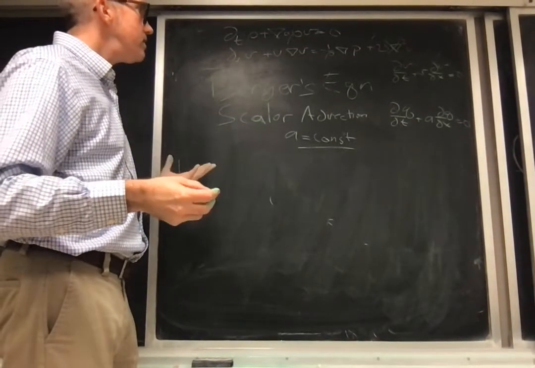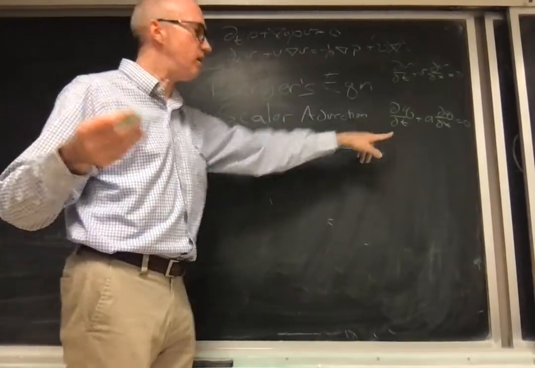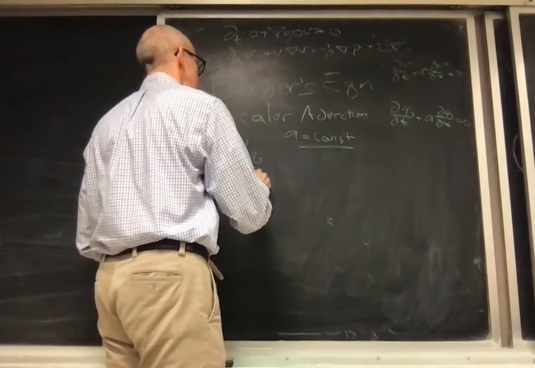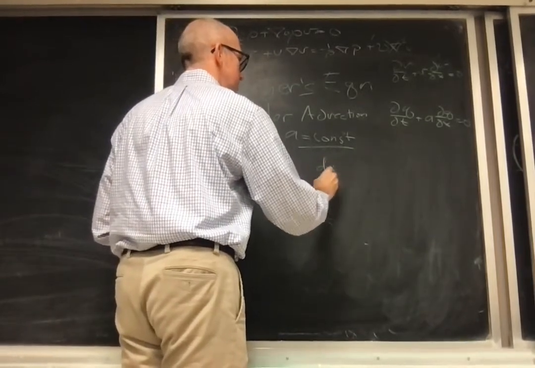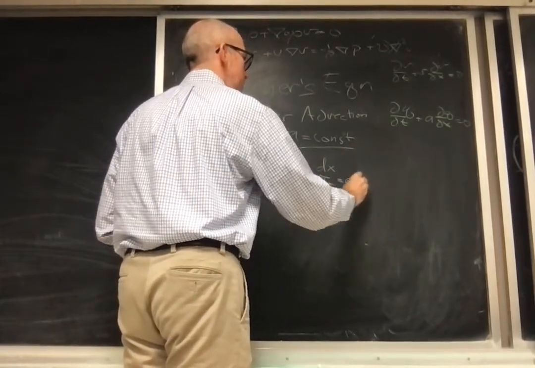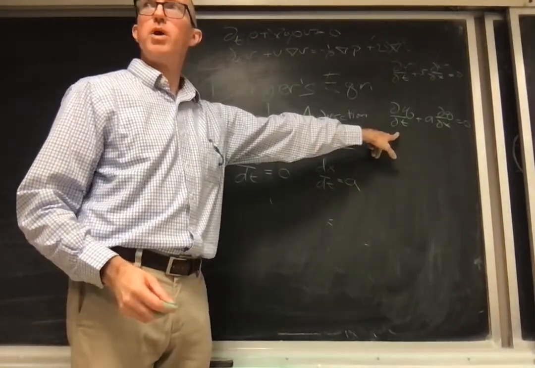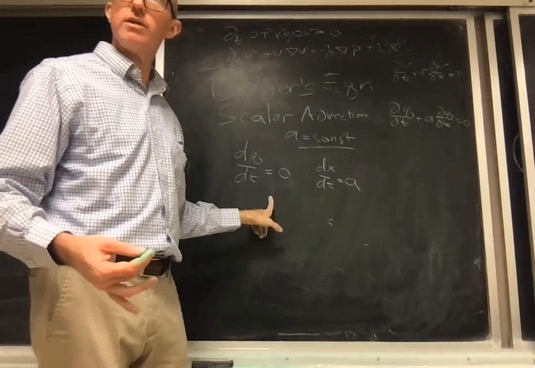So what the method of characteristics says, let's look at this equation. This equation is just the chain rule of the full derivative: dq/dt equals 0, and dx/dt equals a. So this is one partial differential equation, and I can rewrite it as two ordinary differential equations.